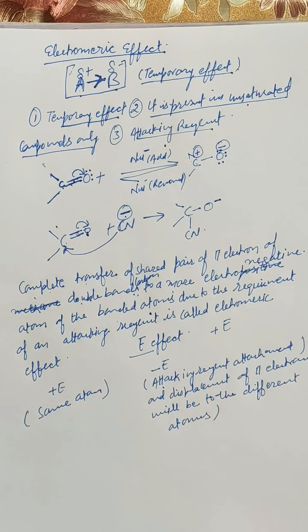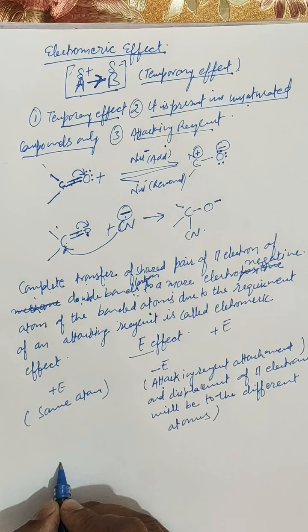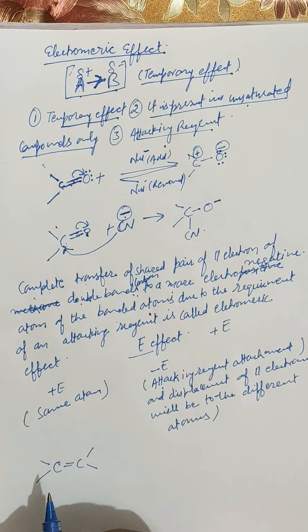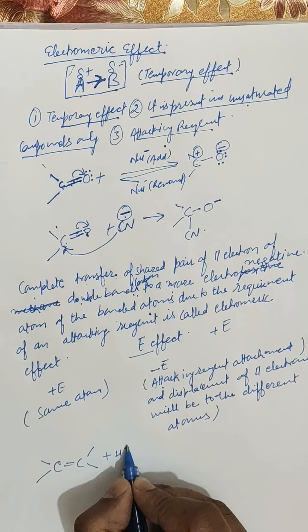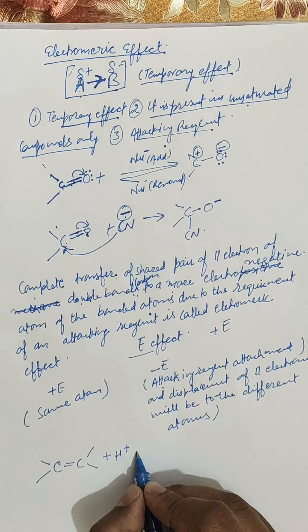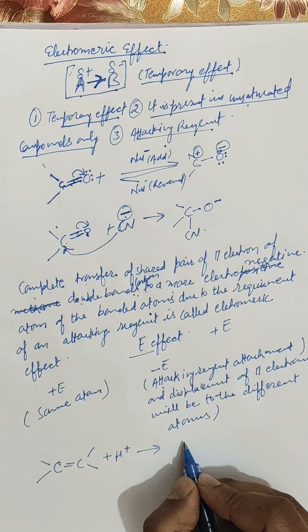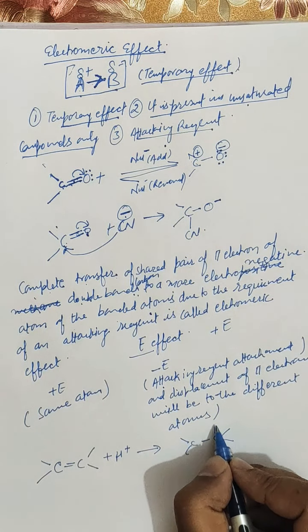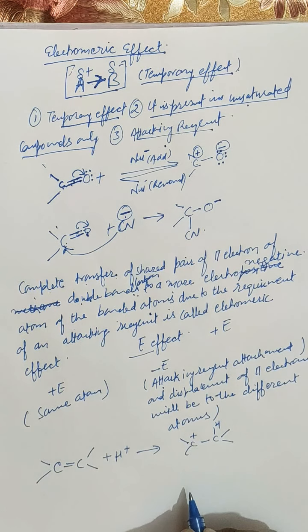For the plus E effect, let us say there is an alkene, a carbon-carbon double bonded compound. If a proton is added to it, it will result in the formation of this compound.